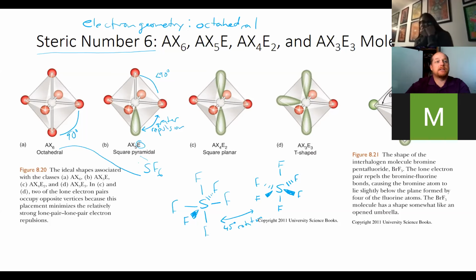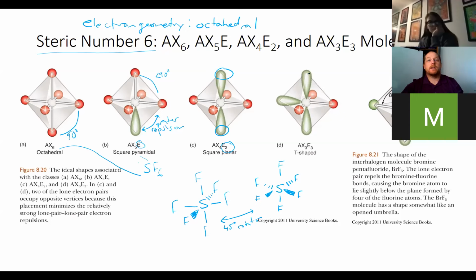And when you start replacing those electron groups, you start to get bond angles that are smaller. When you replace the second electron group, though, the electron groups want to be as far from each other as they possibly can be. So you'll get one opposite the other, right? Again, these electron groups repel more, so they want to get farther away from each other.